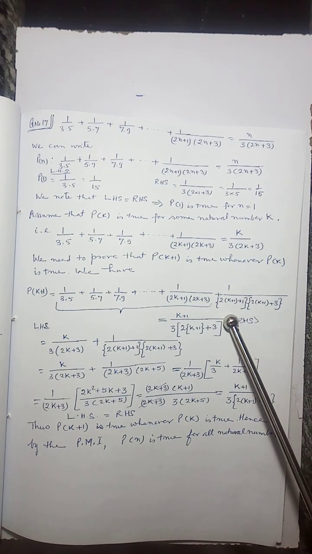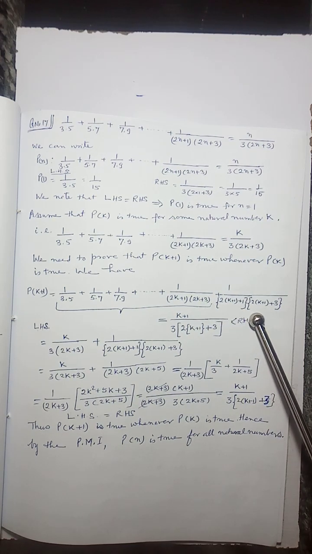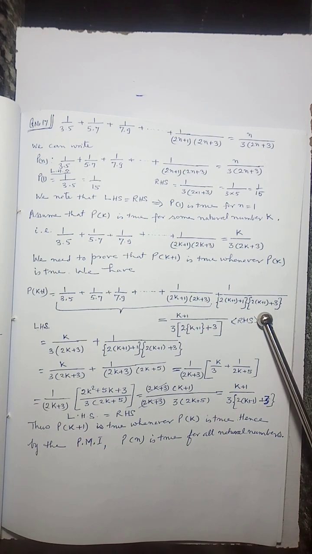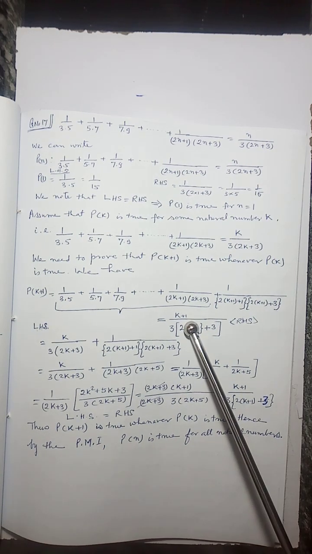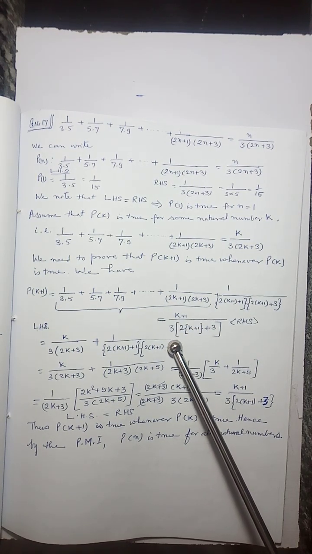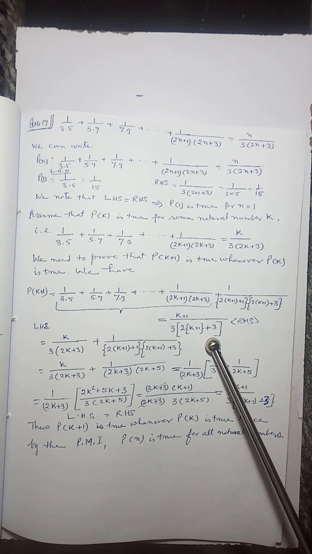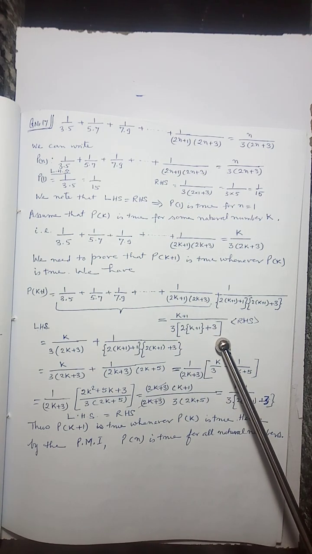So it will be written here 1 upon 2k plus 1 plus 1, 2 into k plus 1 bracket closed plus 3, and it should be equal to k plus 1 whole upon 3 inside the bracket 2 into k plus 1 bracket closed plus 3.